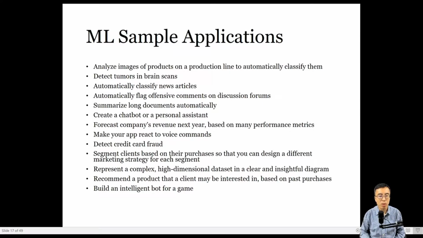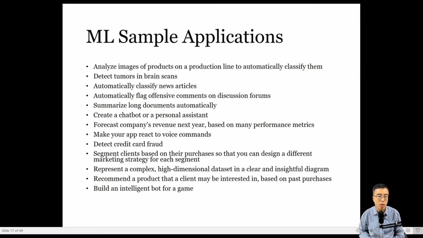And machine learning models have also been used to summarize long documents automatically and used to create, for example, a chatbot or personal assistant. And machine learning models have been used to forecast a company's revenue next year based on many performance metrics, and are used to make your app react to voice commands. And machine learning models are widely used to detect credit card fraud.